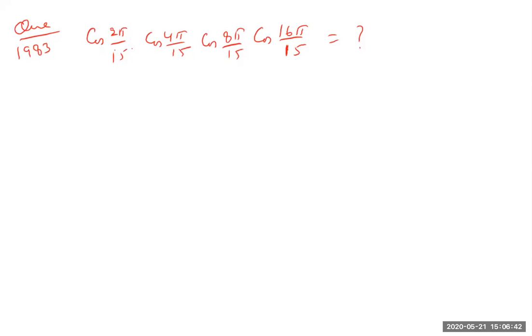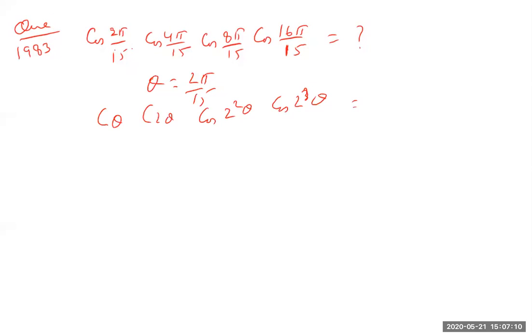So I think this is based on our one concept: sin theta, sin 2 theta, sin 4 theta. If you take theta equal to 2 pi by 15, this is cos theta, cos 2 theta, cos 2 square theta, cos 2 cube theta form.